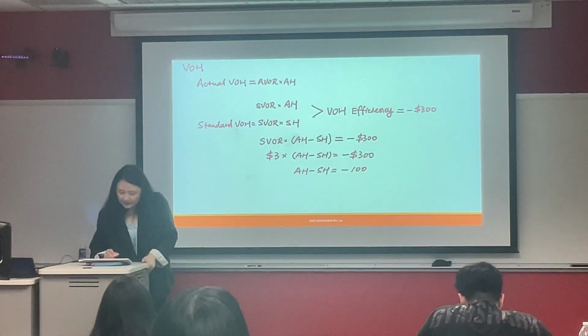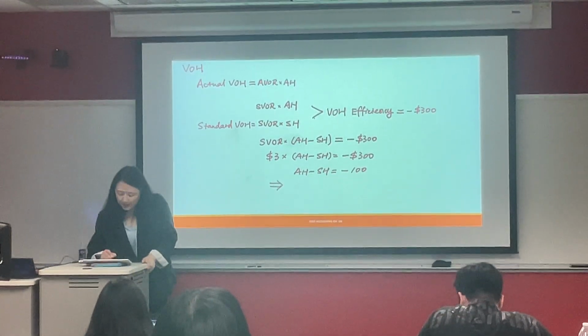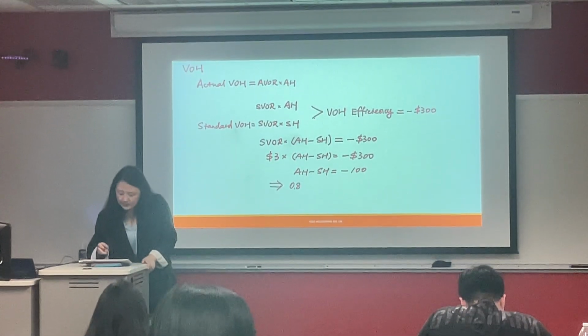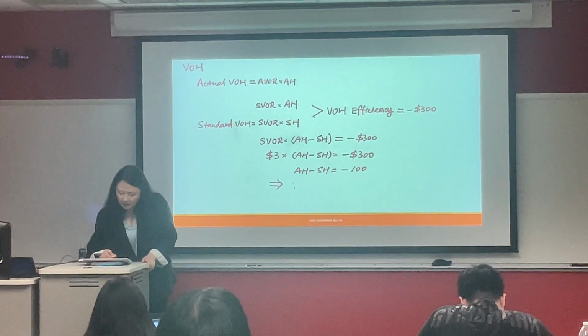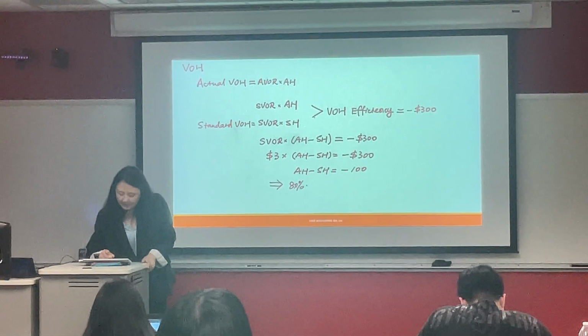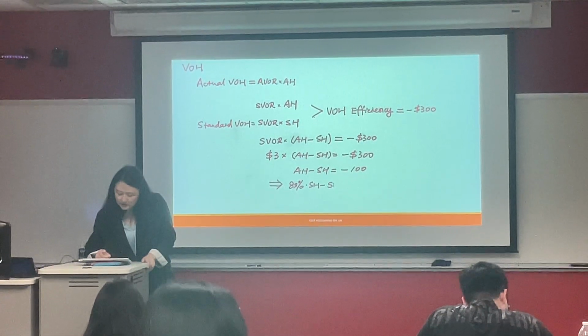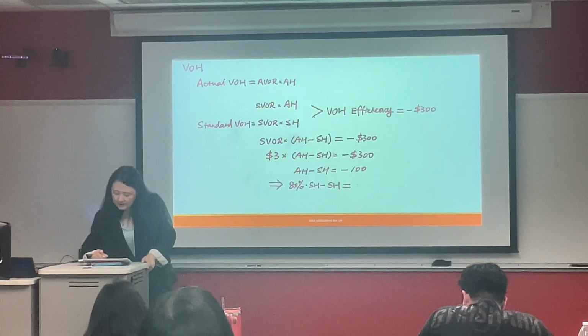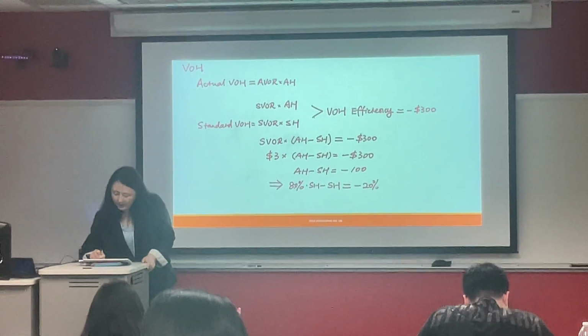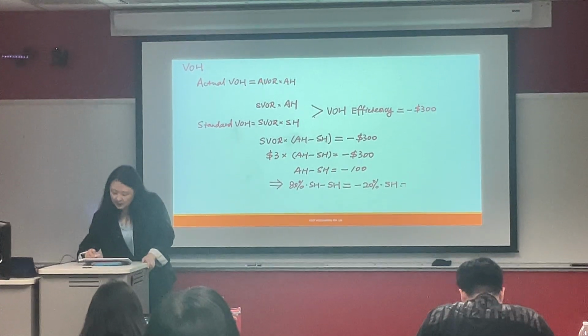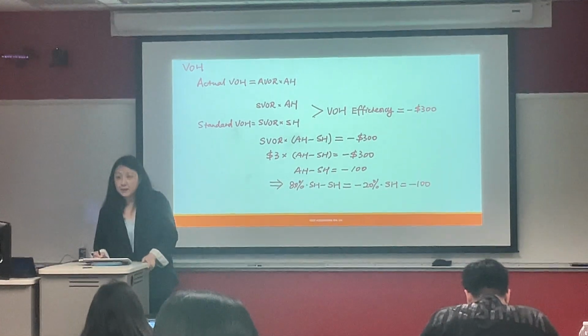Given this, I have 80% of SH minus SH, and that's minus 20% of SH, correct? Equals negative 100.